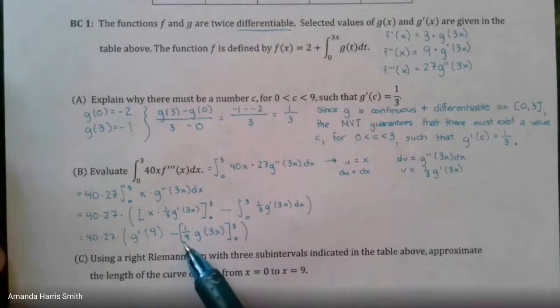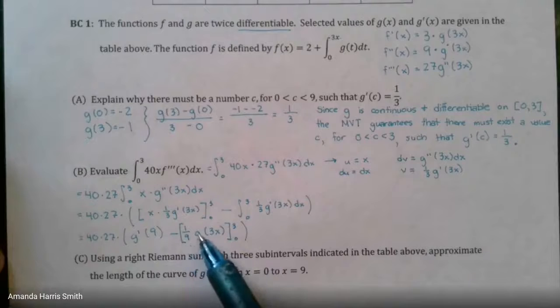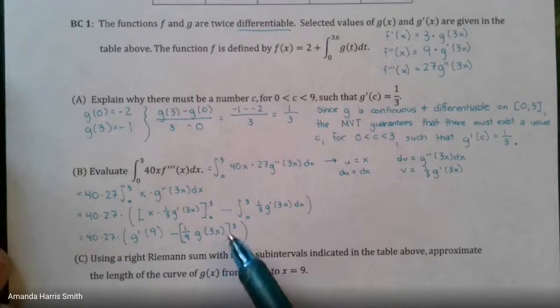So that's going to be 1/9 times g, and this might be a time to make your g's a little extra curly, of 3x evaluated from 0 to 3.